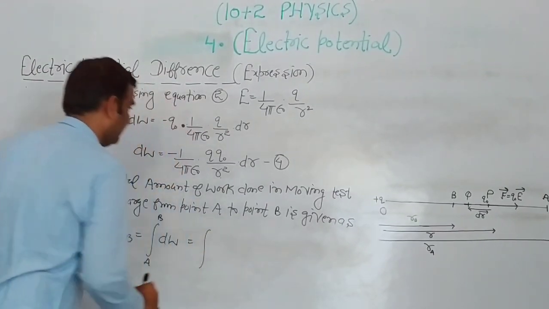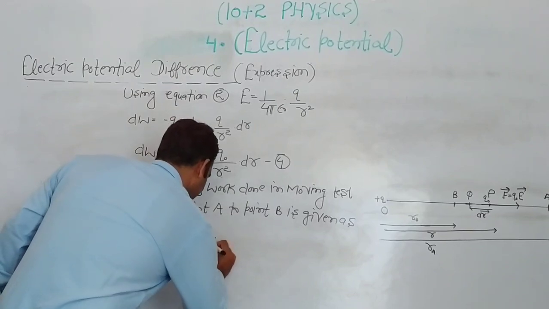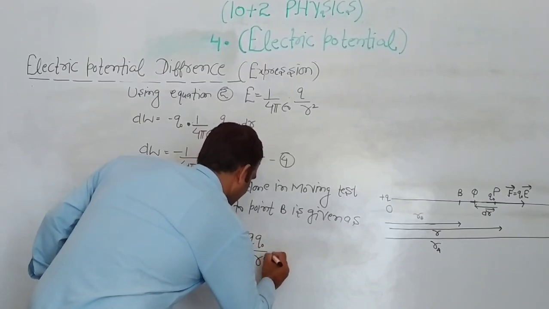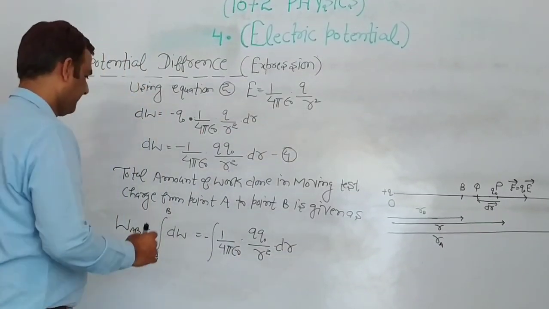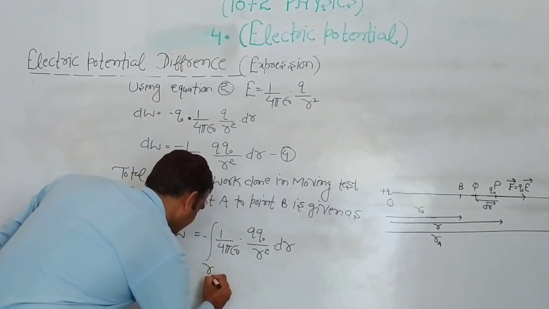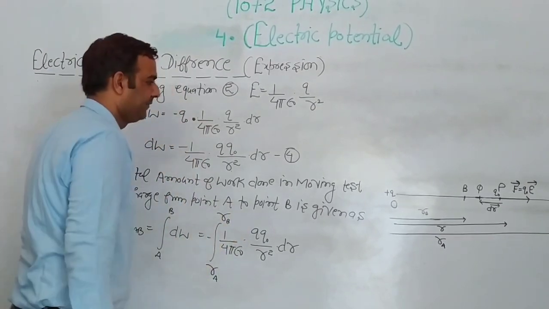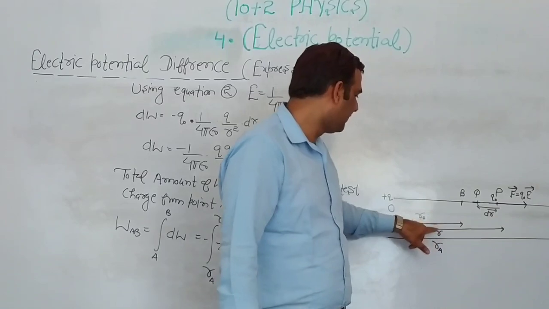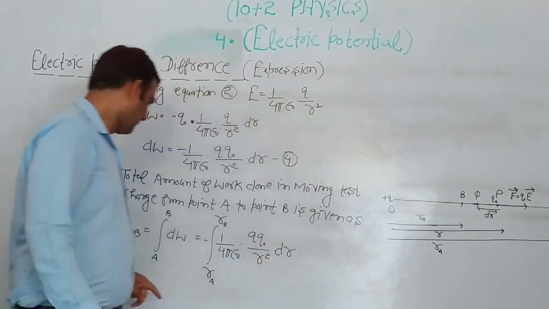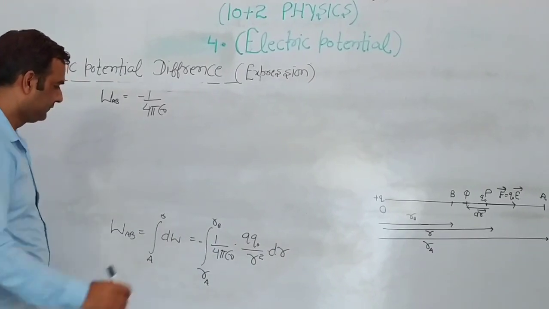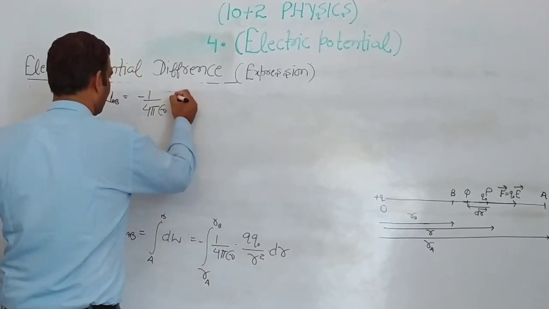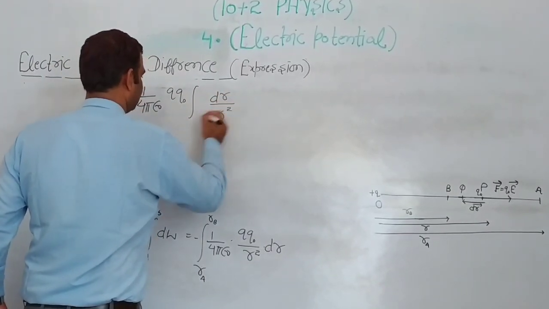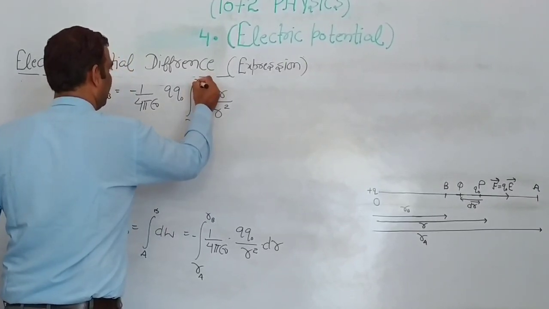Using equation 4, what is the value of dW? Minus 1 upon 4 pi epsilon naught Q Q naught upon r square into dr, from r_A to r_B. We bring this charge from this point to this point, distance at this point r_A, distance at this point r_B. So integrating, epsilon naught Q Q naught dr by r square, with limits from distance r_A to distance r_B.